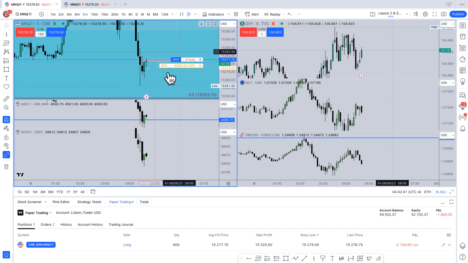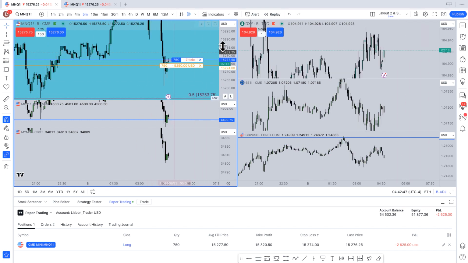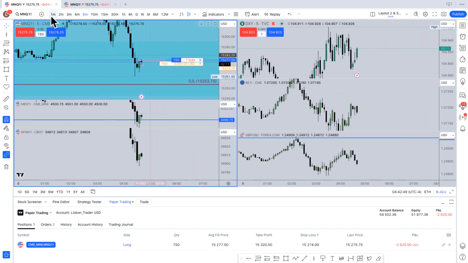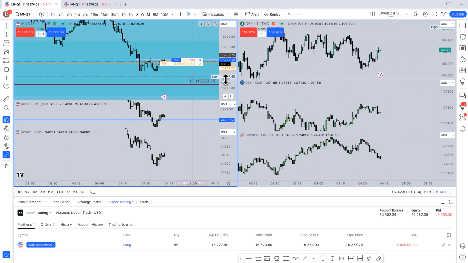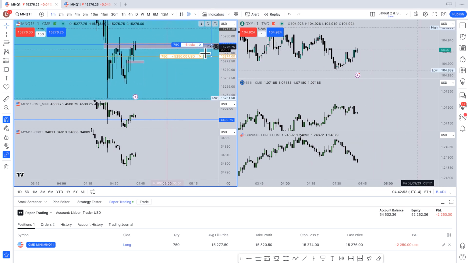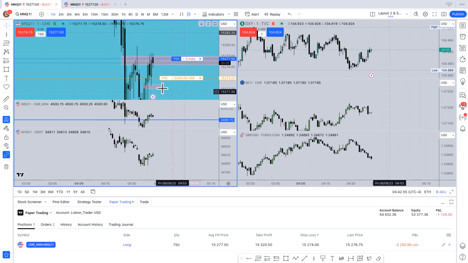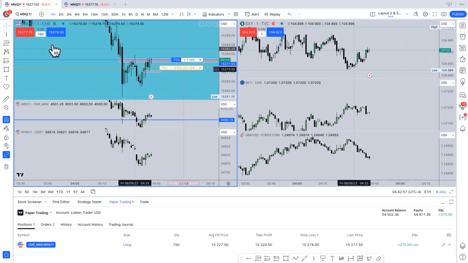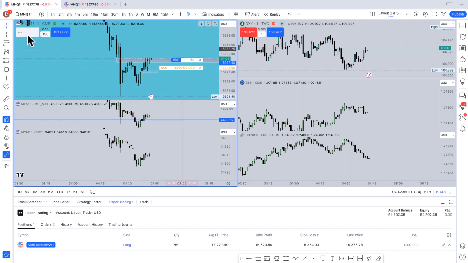I think it will still want to go down there for the 50% fib. Removing some meat.